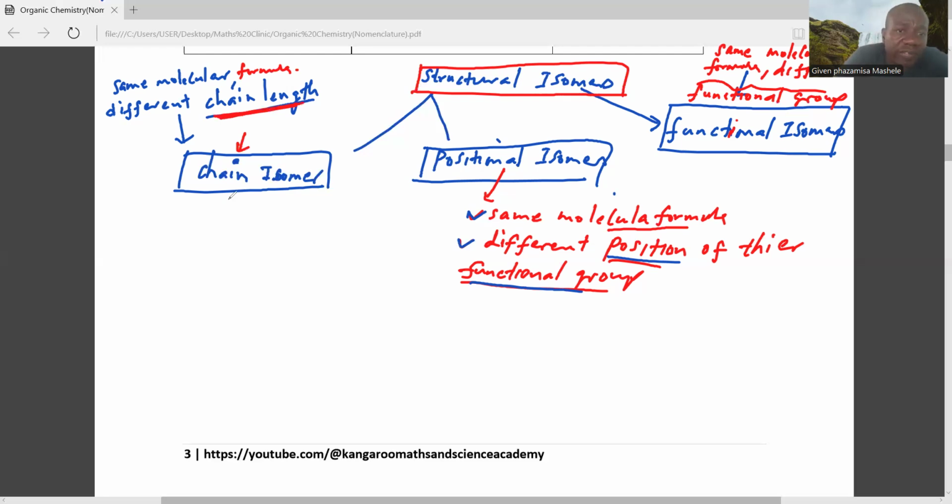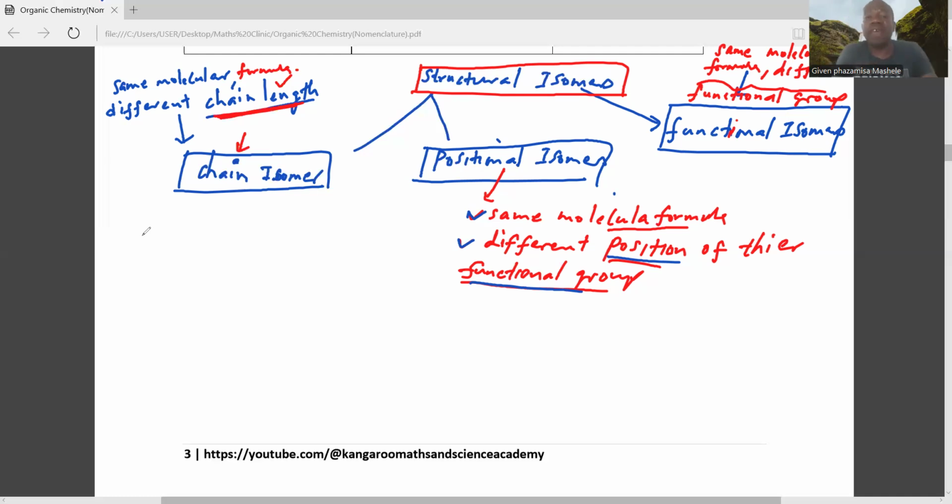So it means those that are chain isomers must have the same homologous series and even the same functional group. Yes, even the general formula should be the same.